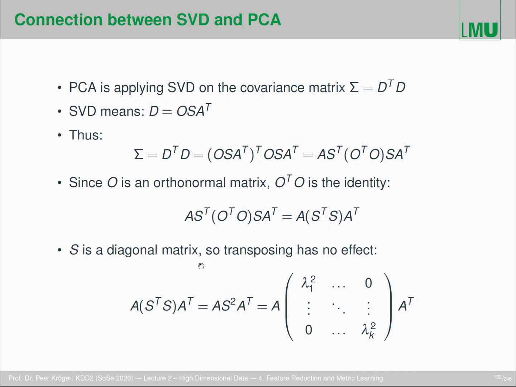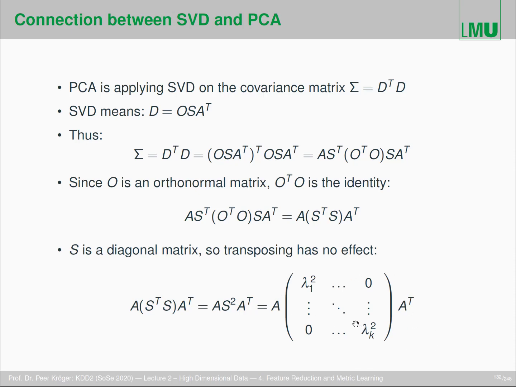S is a diagonal matrix, so the transposing has no effect. So this term comes down to A times S squared times A transposed, and S squared for the diagonal matrix is just the squared entries in the diagonal. So S squared is nothing else than lambda 1 squared, lambda 2 squared, and so on. And this somehow reminds you of something.